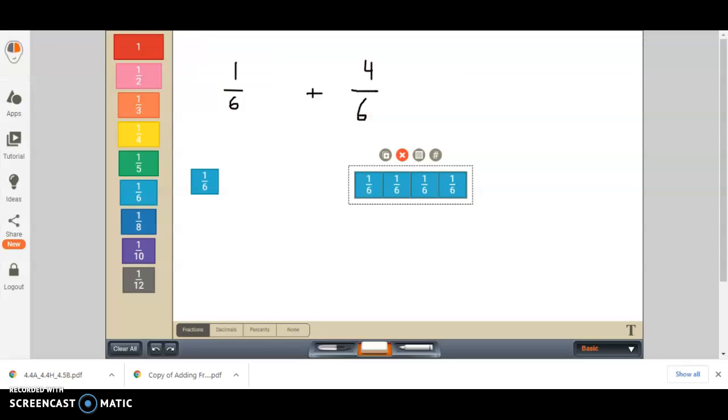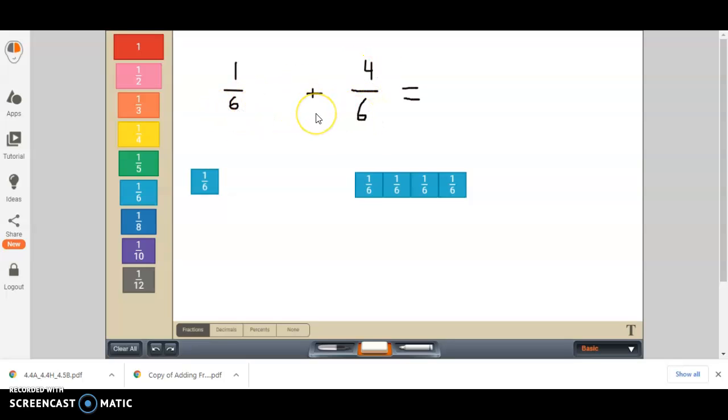Okay, so here we have 1/6 plus 4/6 equals. Now, the way we can think about this is we have our numerators on top and our denominators on bottom.